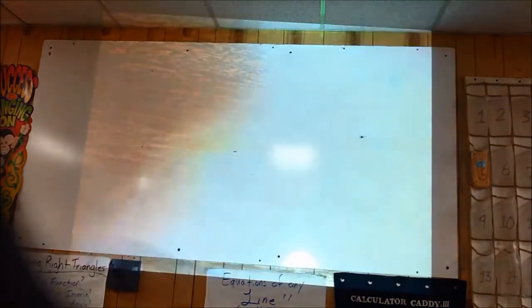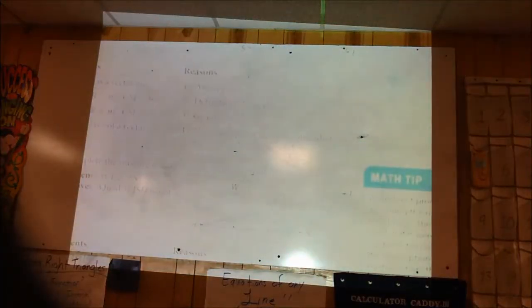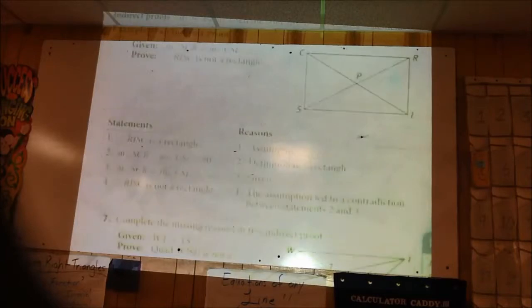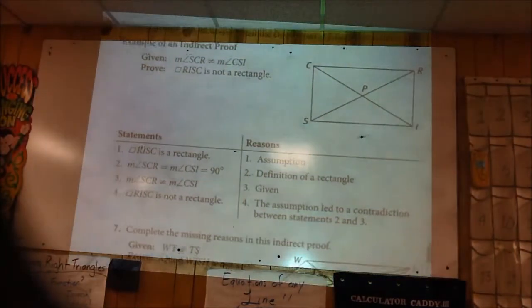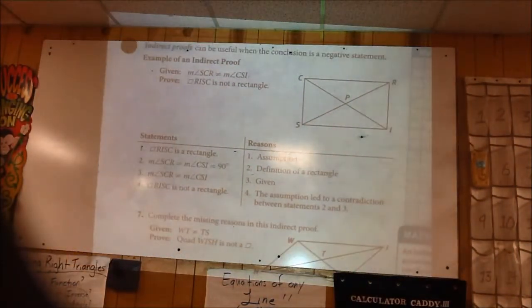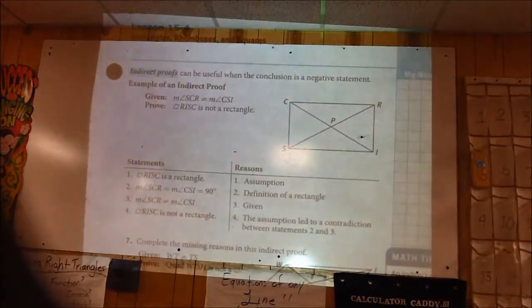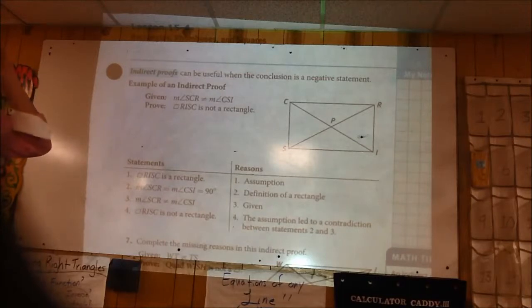On page 217, it introduced to us an indirect proof. An indirect proof can be useful when the conclusion is a negative statement. We're not going to talk about indirect proofs right now.